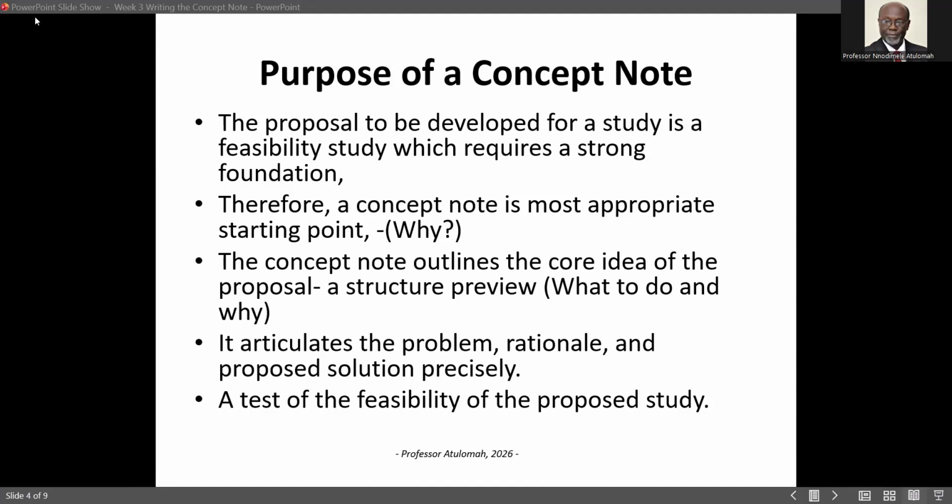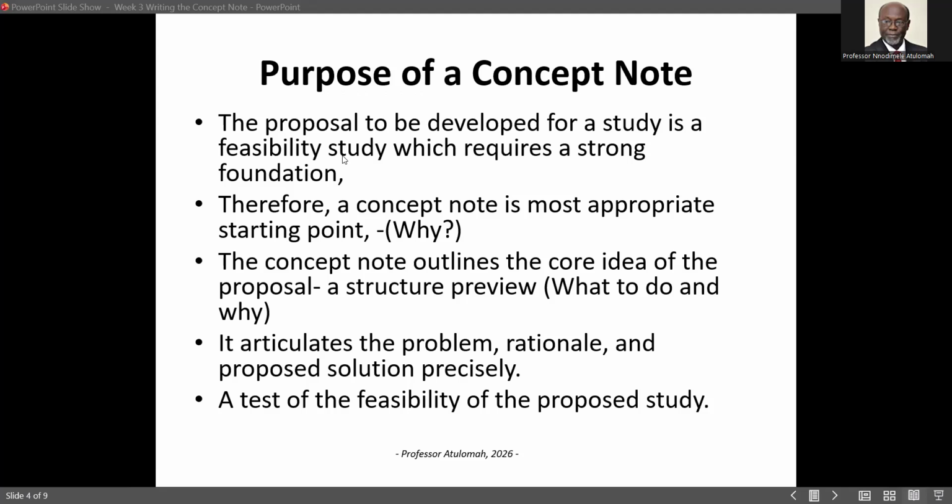Then you have the second order, where you conduct an intervention, an experiment to see whether your treatment is good and will solve. Then the third order is when you conduct research that will provide some answers or some understanding of natural phenomena.